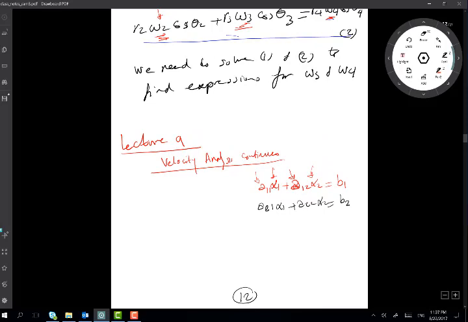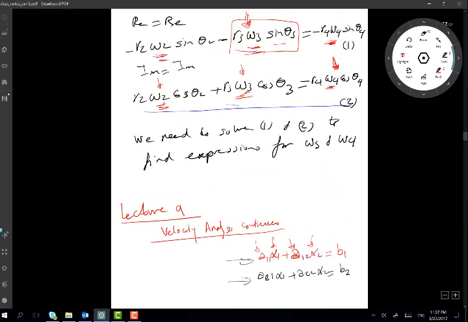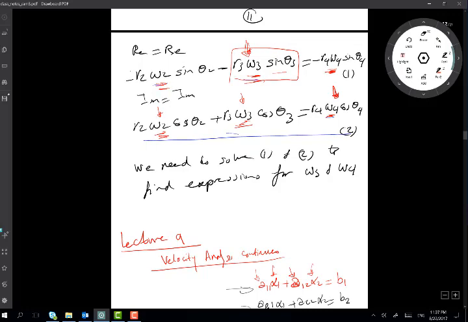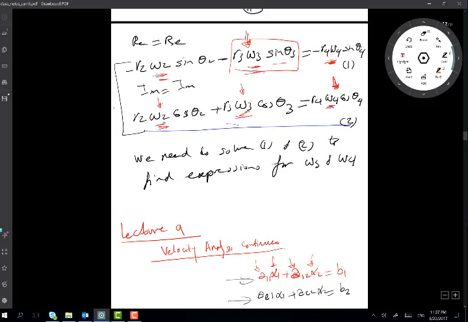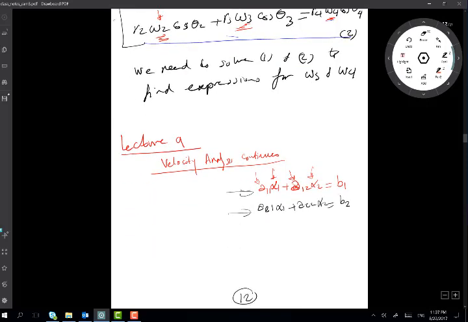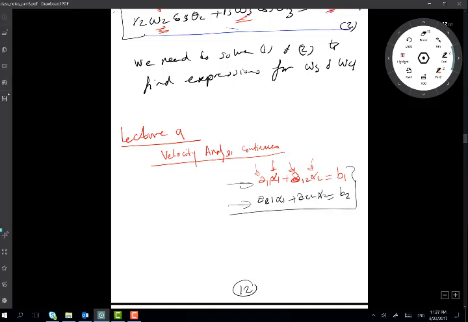This is a set of two linear equations, very similar to my set of two linear equations over here, which has omega 3 and omega 4 as my unknowns, whilst omega 2 is the given velocity. So this is very similar to what I have in here.